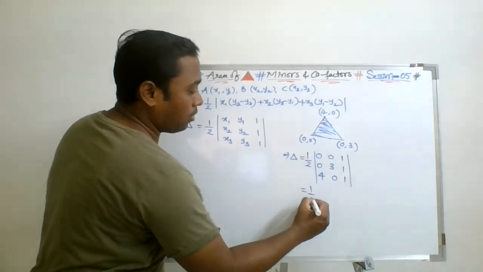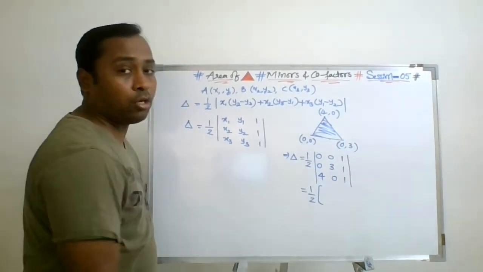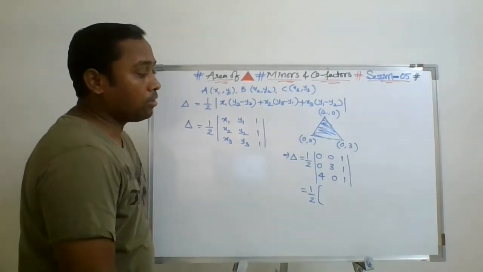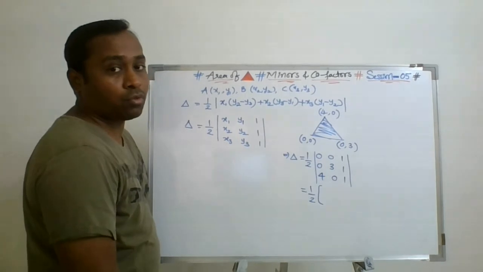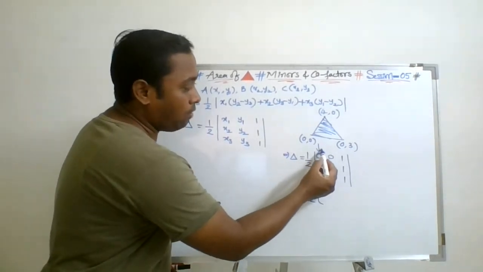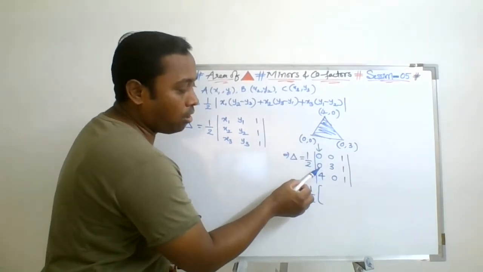Now simply calculate the value of the determinant along any row or column, and preferably we prefer the row or column where the number of zeros is maximum. Here if you observe column 1, it already has two zeros, so I am taking column 1 to expand.